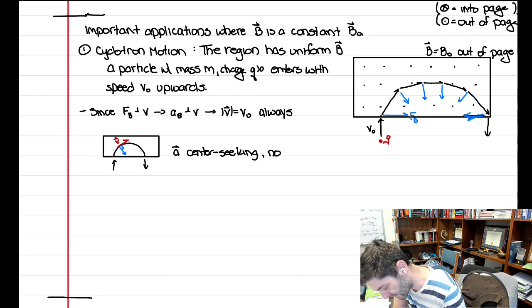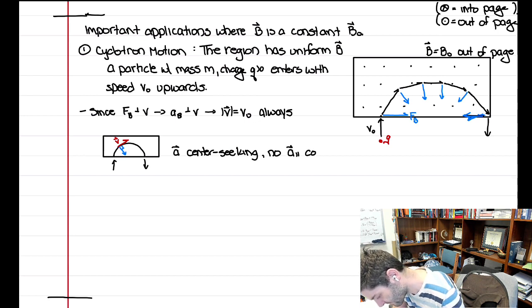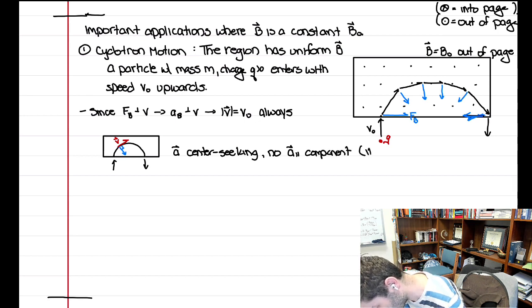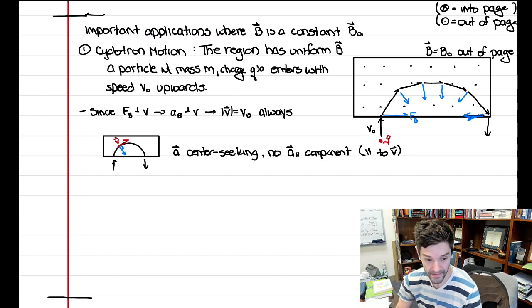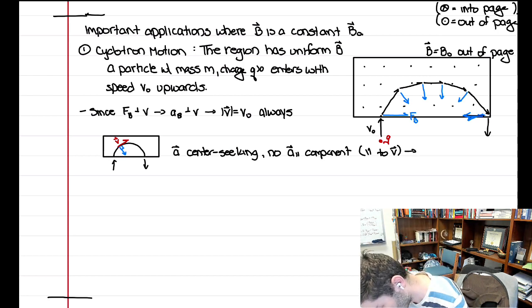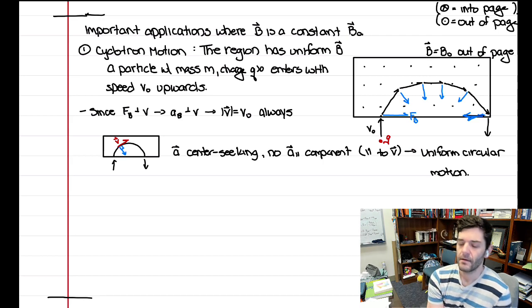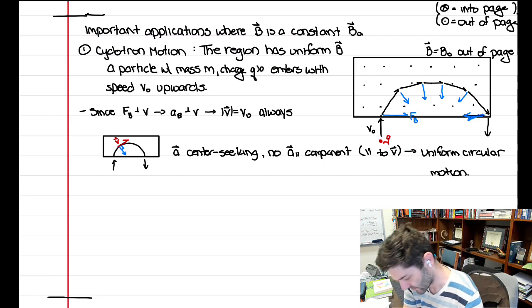There is no A parallel component, parallel to V. So the thing can't speed up or slow down, it can only change direction. This then is, of course, uniform circular motion. So, uniform circular motion. All right.